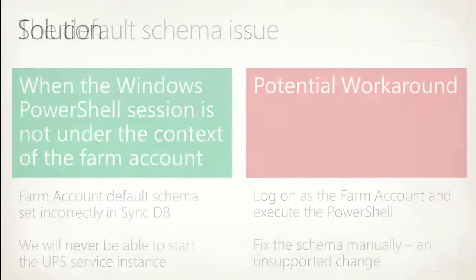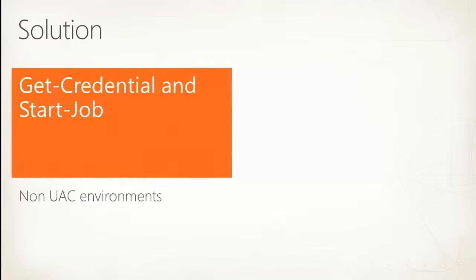So we can work around this by leveraging some non-SharePoint Windows PowerShell commandlets. If we're not running user account control in the server farm, we can use Get-Credential to effectively simulate what central admin does. So we get the credentials of the farm account, and then we run Start-Job, and that will work.